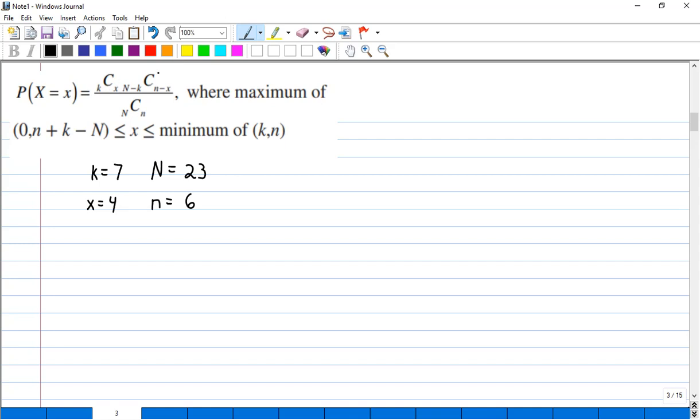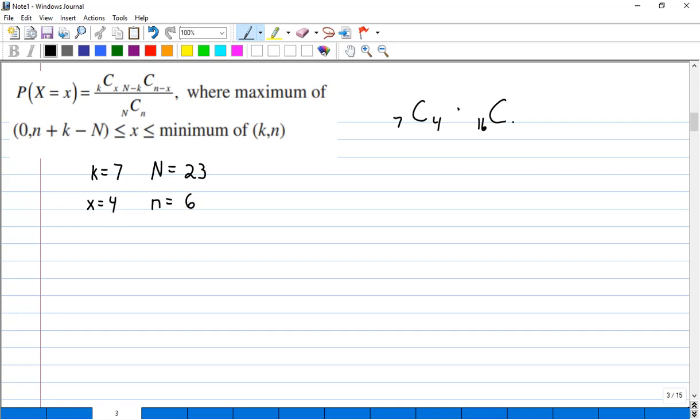We're going to have 3 different combinations that we have to work out. So it's 7C4 times, you would say the total number of patients minus the number of successes. So that's going to be 16C and then the sample size minus the x.